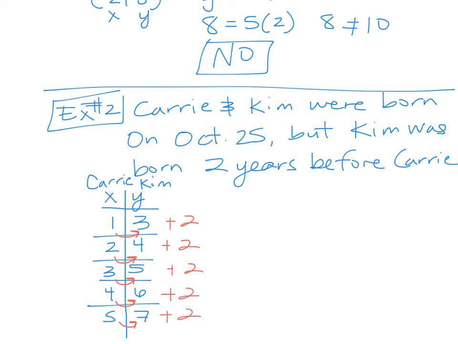So you find the pattern that's happening, and you use that pattern to write an equation. So if Carrie is my X and Kim is my Y, we usually say Y equals. So Y equals what in terms of X? X, what are you doing? +2, right?